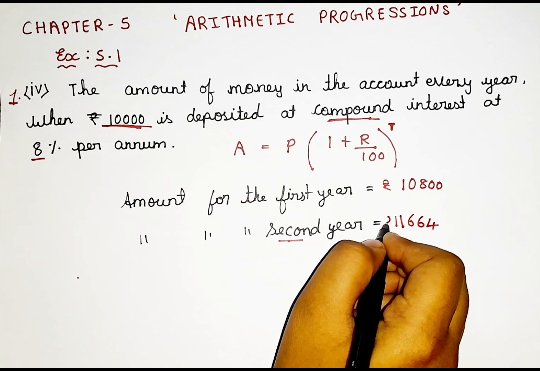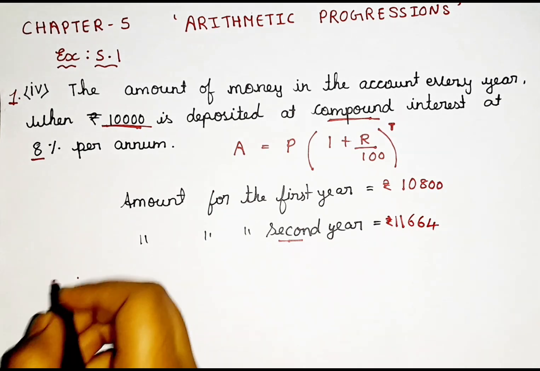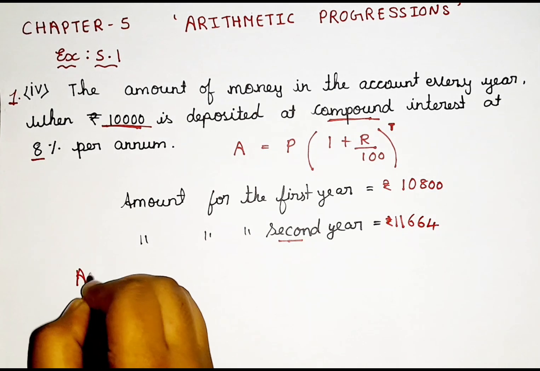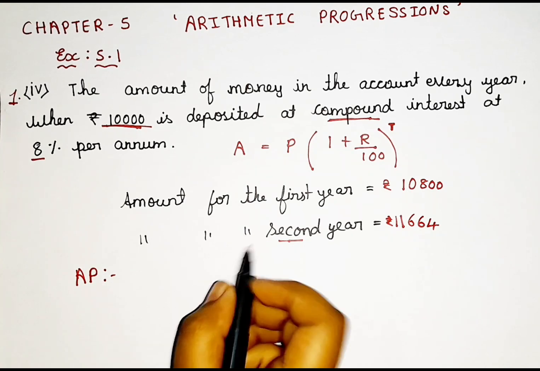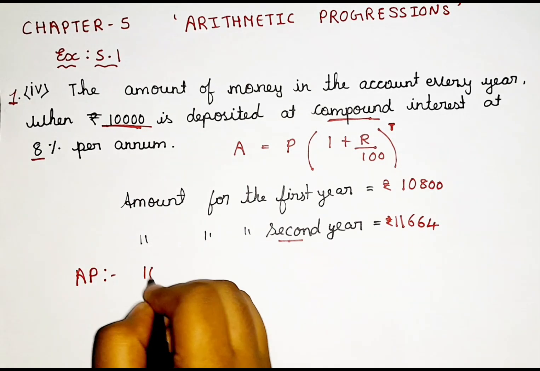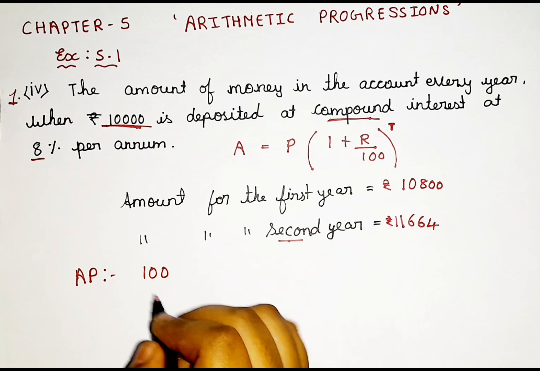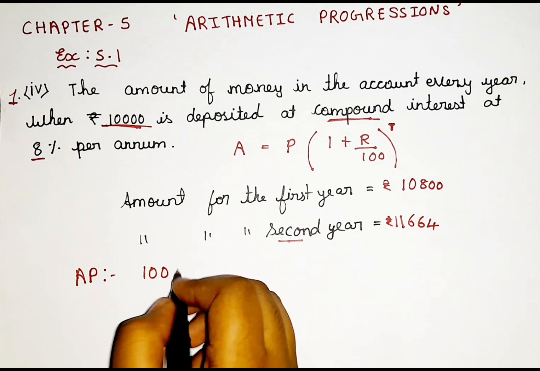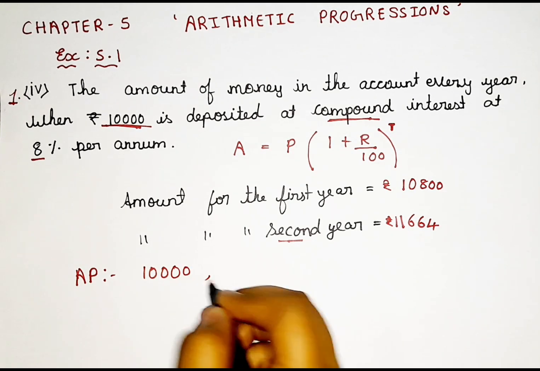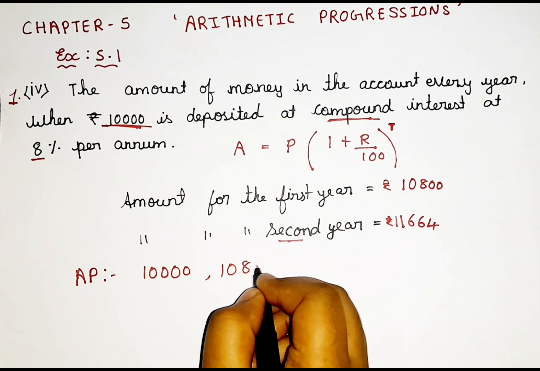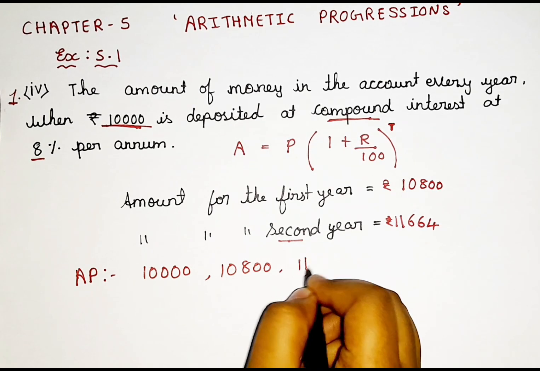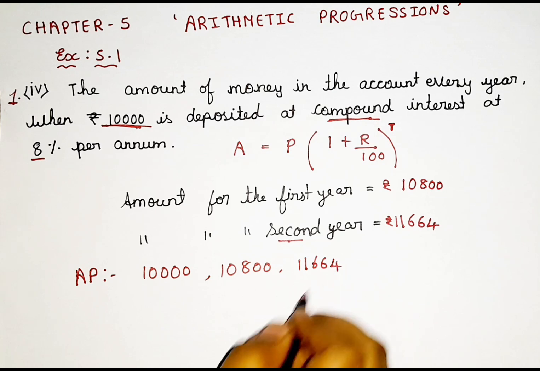Okay, so this is going to be the amount for the second year, that is 11,664. So now we can actually form an AP. So first we have 10,000, that is the actual principal, isn't it? So we are supposed to write that 10,000 comma 10,800 comma 11,664. Perfect.